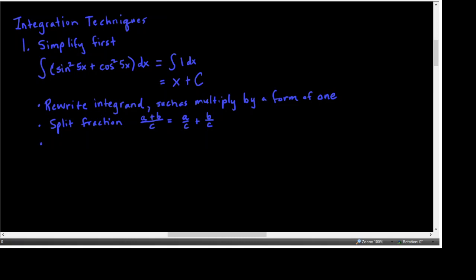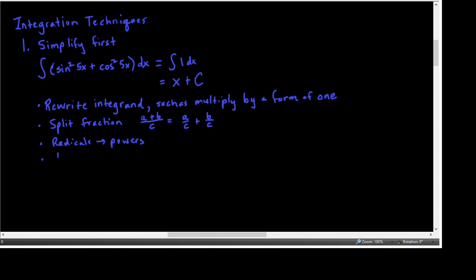Another way that we rewrite the integrand is to take radicals and rewrite them as powers, such as the square root of something is that something raised to the 1/2.